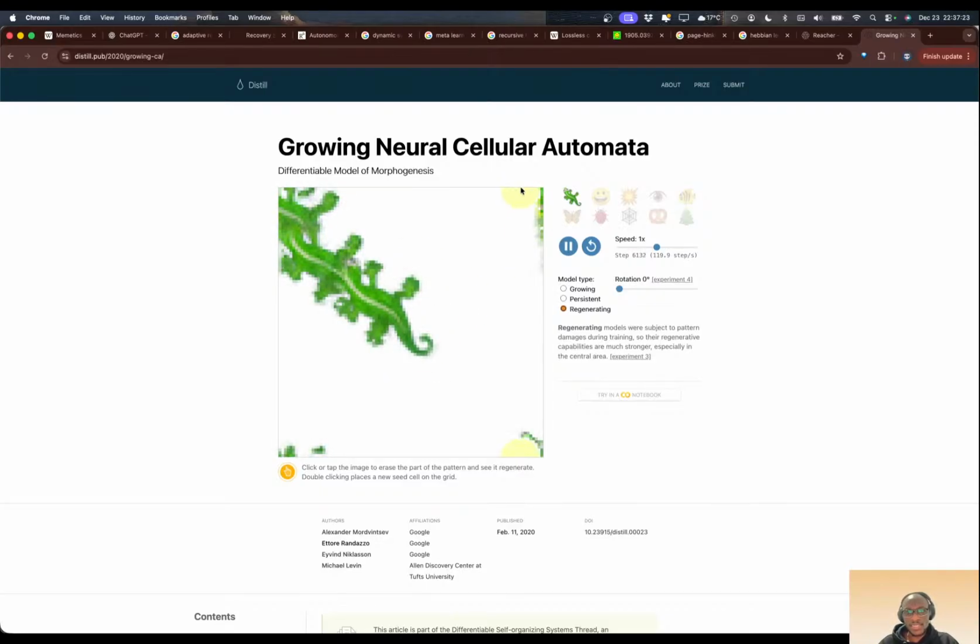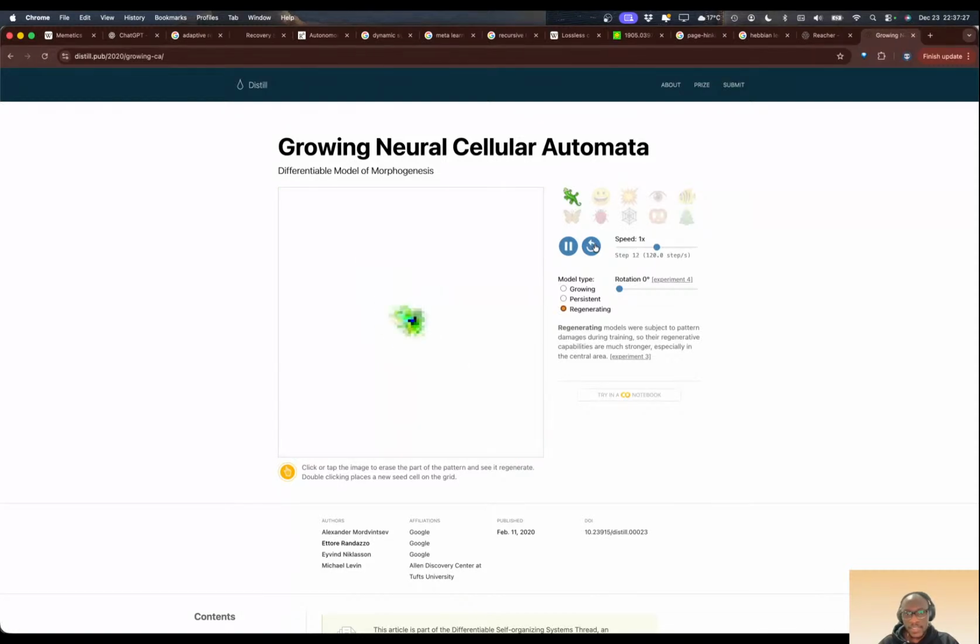We can try a new one, refresh, delete the tail, it generates, delete again, it generates, delete the head, it regenerates. So it's a cell regenerative algorithm.